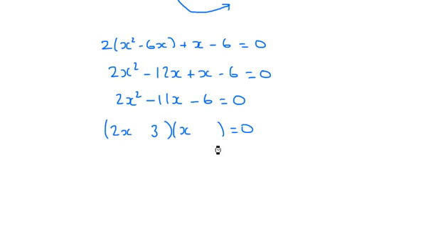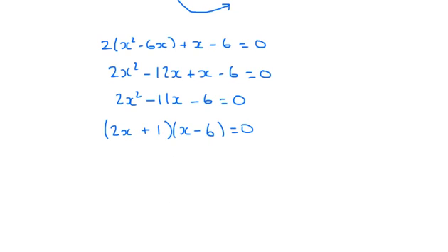Whereas if we go with the 6 and the 1, if we put 6 here, that's going to make 12 x's. That's going to be close to 11, so that's probably a good idea to do that. If we make that negative 12 and plus 1, that will give us our negative 11 that we need.